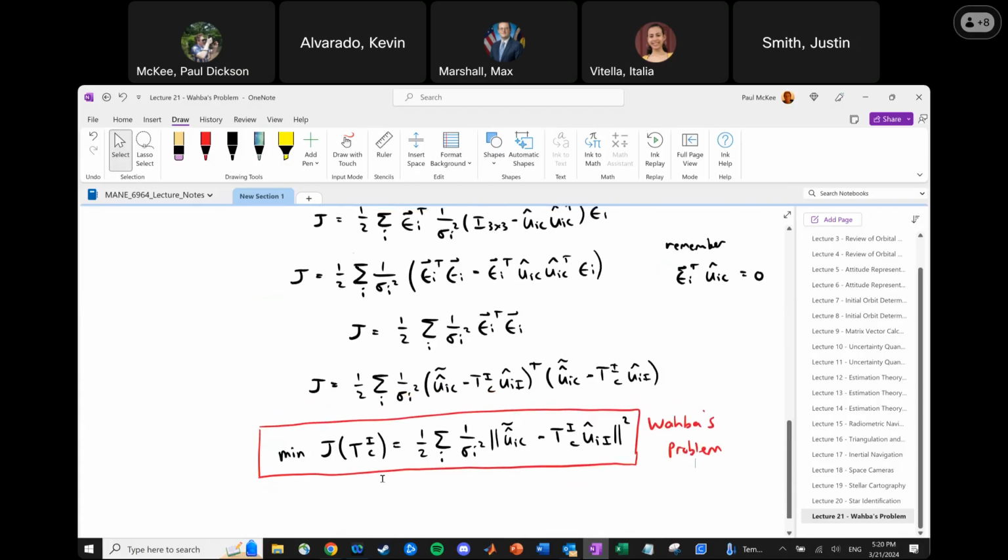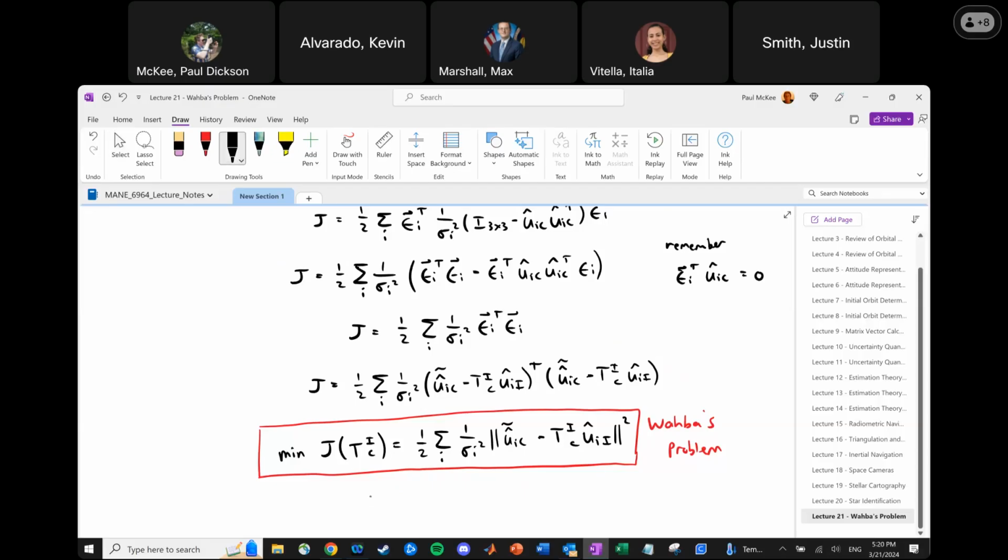Here's how we put that in the most mathematical way possible. It's an optimization problem where the cost function is the sum of the squared residuals between the local frame vectors and the rotated global frame vectors, each of those scaled by bearing error or uncertainty in that particular measurement. And that is the optimization problem that we're going to try to solve.